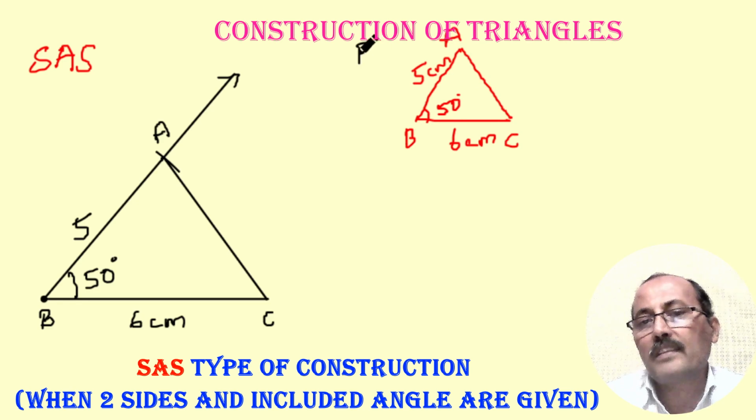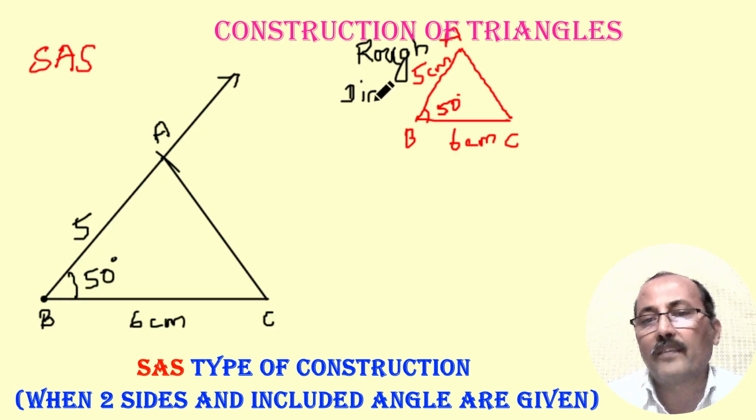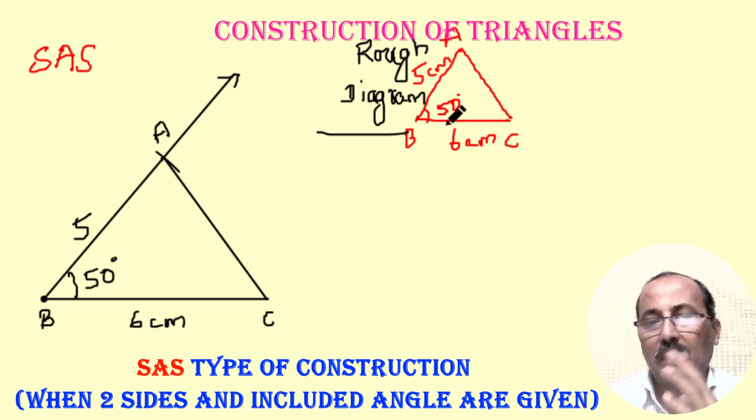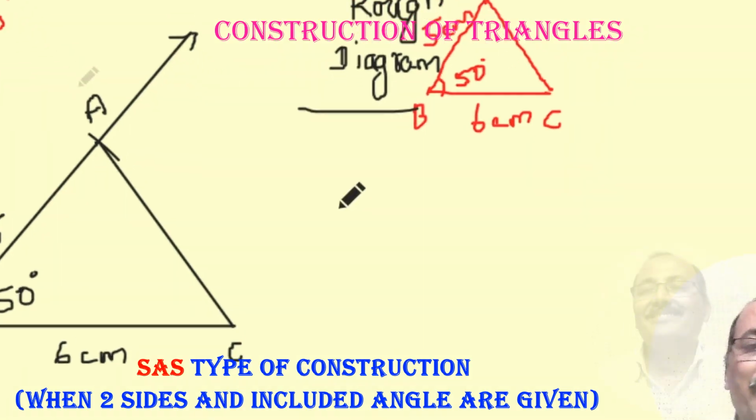So always very important, rough diagram, ROUGH. Rough diagram is very important. Without rough diagram, if you go to the main diagram, it won't be correct at all. You cannot construct itself. So draw the rough diagram, and let us go to the next topic.